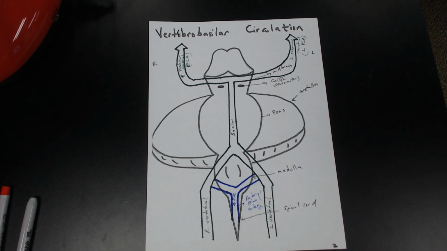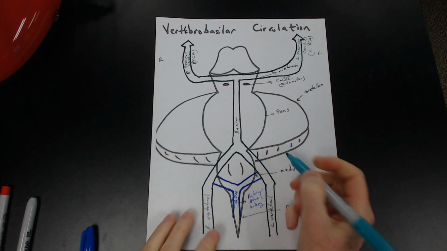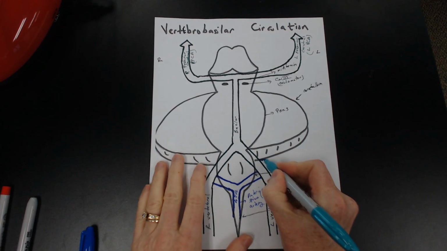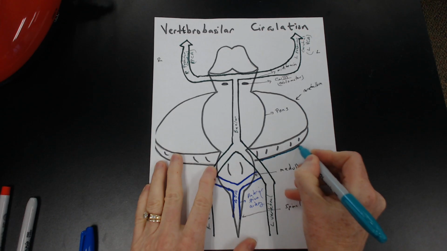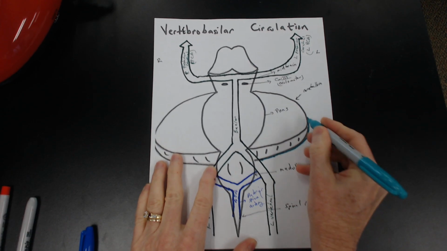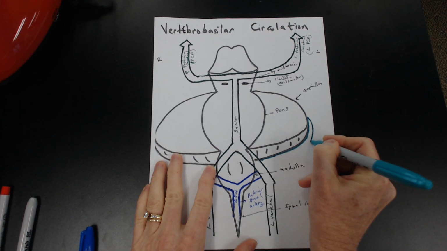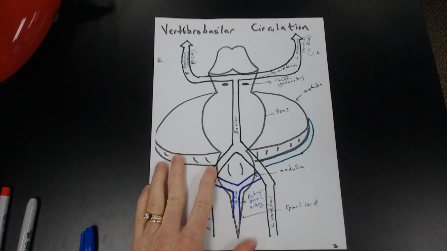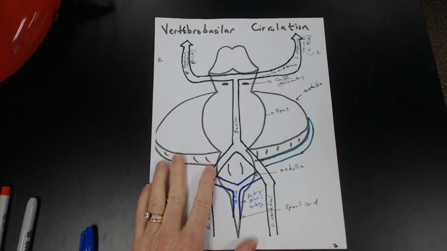Okay? Now, coming off, again, the vertebral artery, right here, you're going to have arteries coming off the left and right vertebral arteries. Is there a question? Happy to answer it.